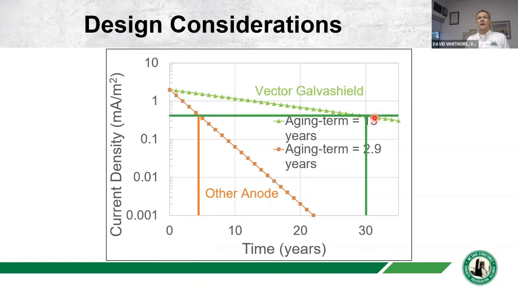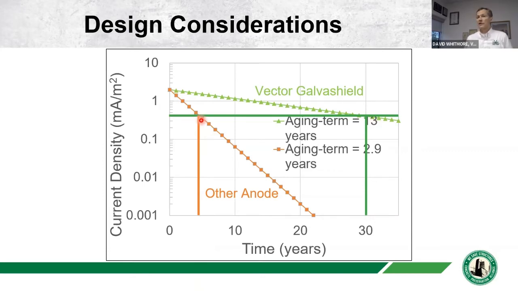Then this alternative, which is behaving differently over time, even though it starts out at the same initial current, is dropping to the design current density here in less than 5 years.